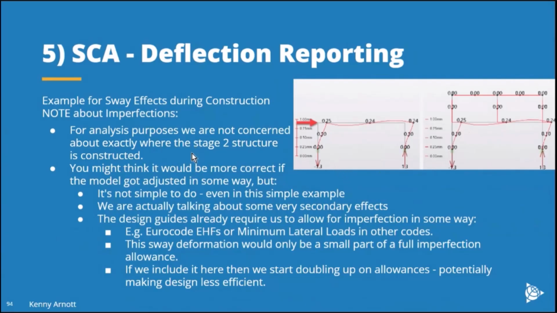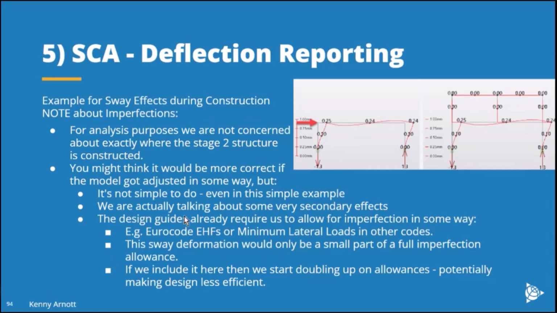Wouldn't that be more correct, if you like? Well, we don't do that, for a few reasons. First of all, it's not simple, because would you build it offset and vertical? Would you build it offset and try and connect it back as if you were constructing out the tolerance? There'd be options there to consider.